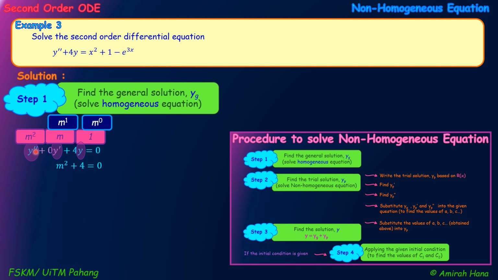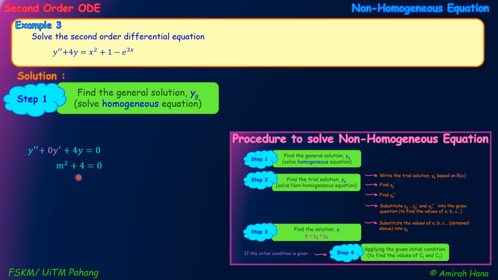So y double prime we replace by m to the power of 2, y single prime by m to the power of 1, which is m, and y by m to the power of 0, which is 1. After we substitute, we get m squared plus 0m, no need to write 0m, and then plus 4 times 1, so plus 4.